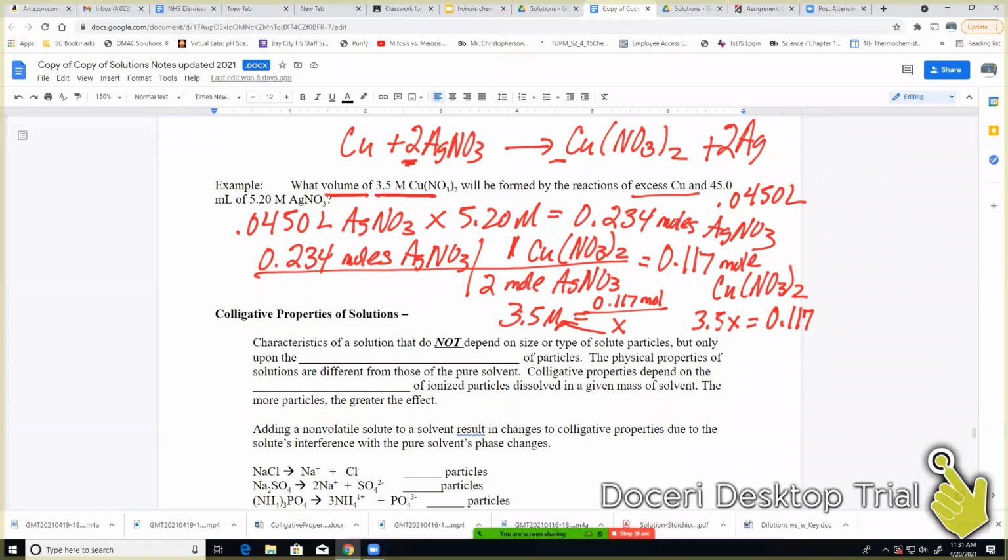Divide each side by 3.5, and I get 0.0334 liters. I got that by taking my 0.117 and dividing it by 3.5. That's still 3 sig figs. So that's how many liters, or if I wanted to put it in milliliters, 33.4 milliliters, still in 3 sig figs.